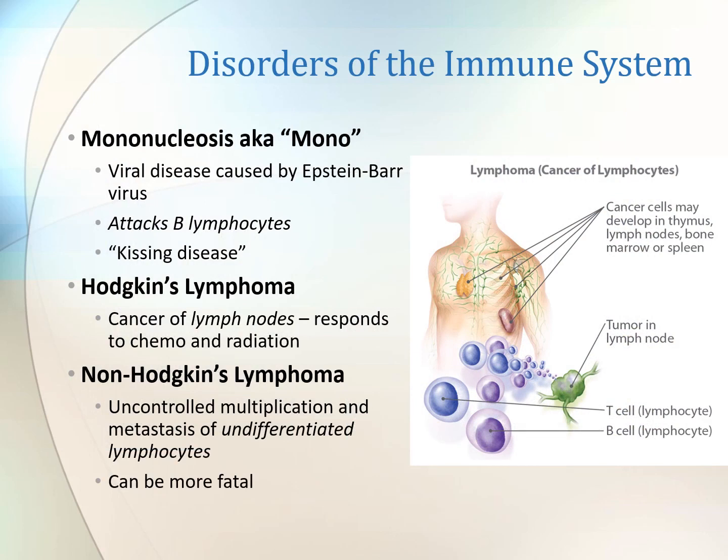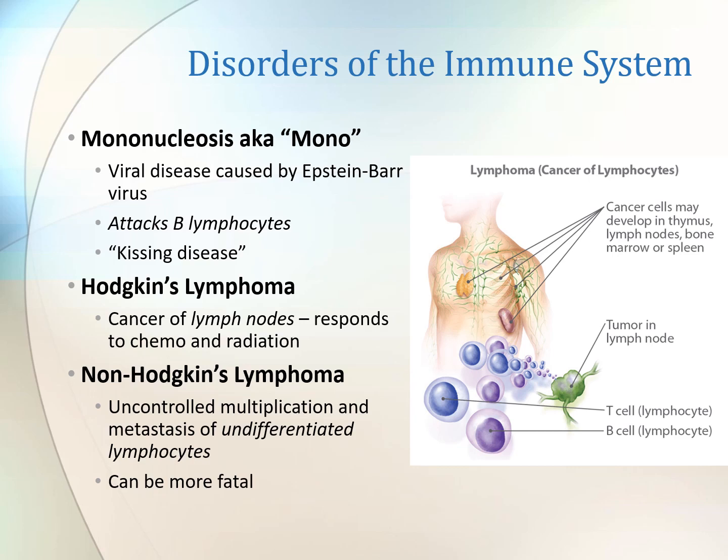Now let's talk about some disorders of the immune system. Mononucleosis is a very common disorder. It's nicknamed mono. A lot of people, especially in college, call it the kissing disease, because you have to exchange saliva or bodily fluid, and it's a viral disease.